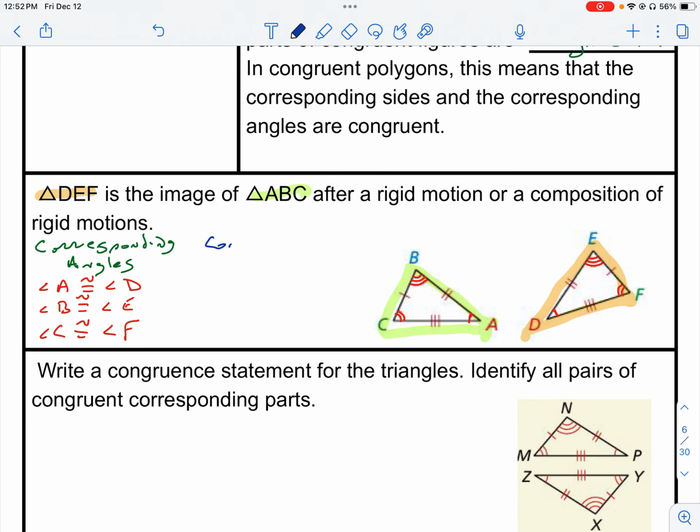Now let's talk some corresponding sides. All right, so side AB with 2 is going to be congruent to side DE with 2.